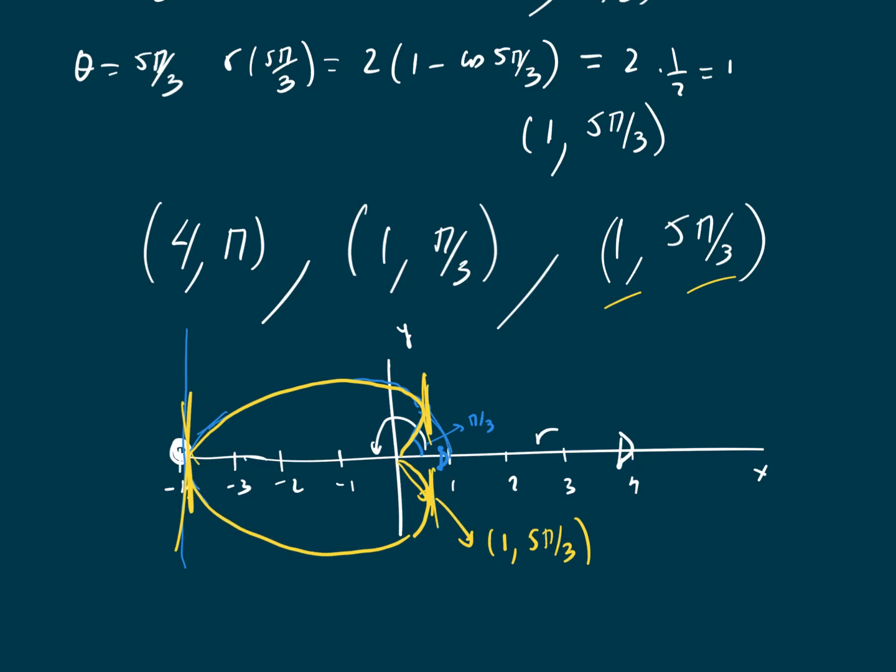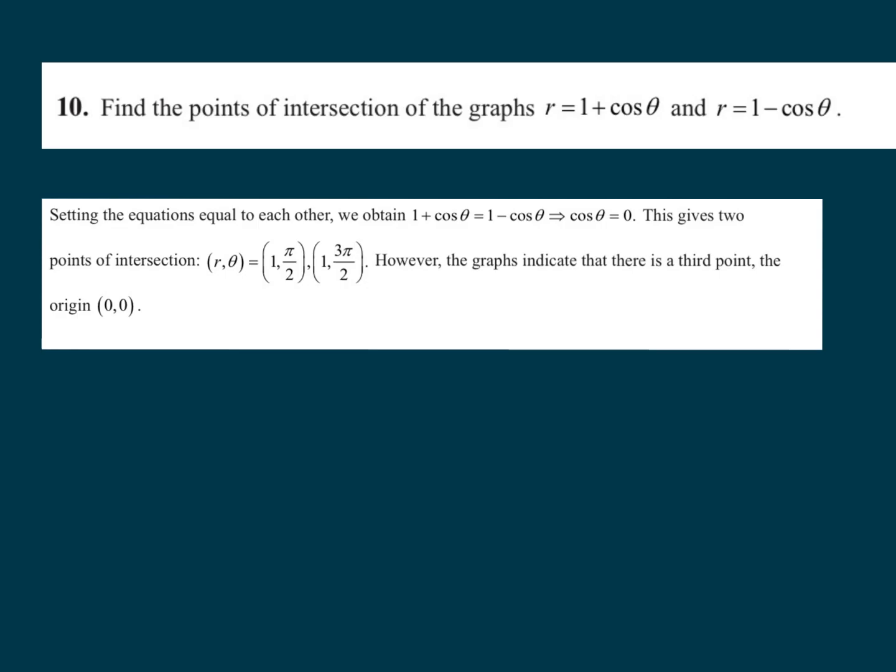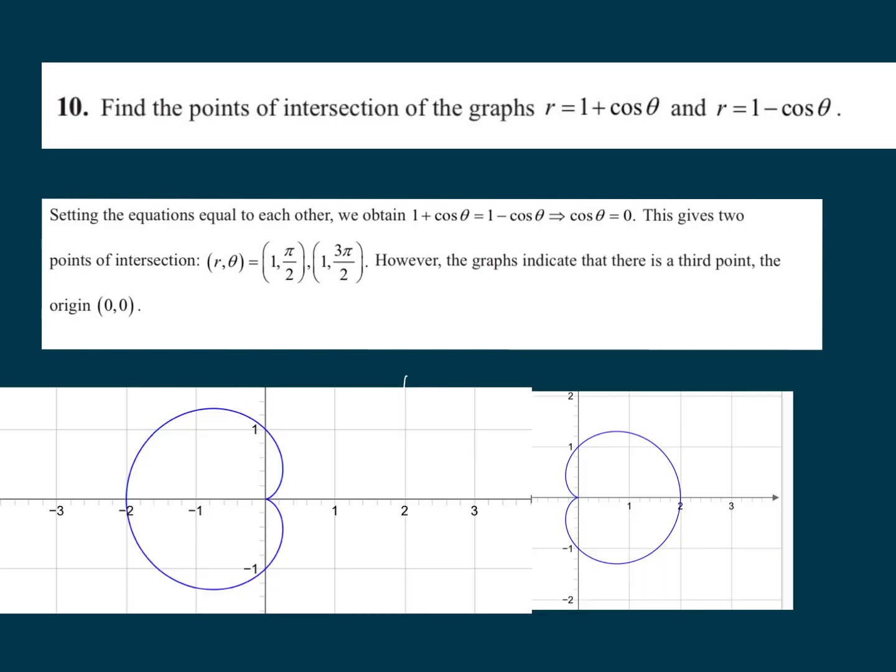Let's go to the next problem. Okay, to do this problem, we have the intersection of two graphs. You can represent the two graphs in the web page that I showed you how to use, and probably it is two cardioids. One is like this, and these are the two cardioids.